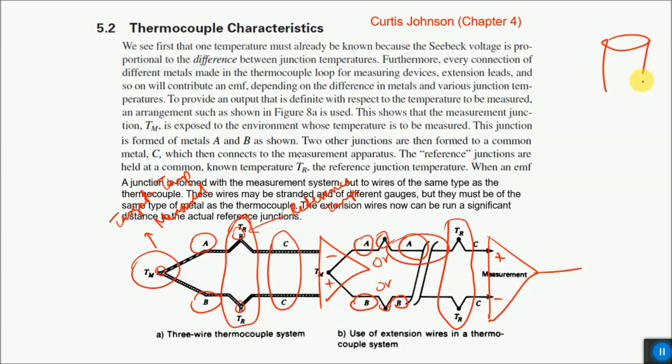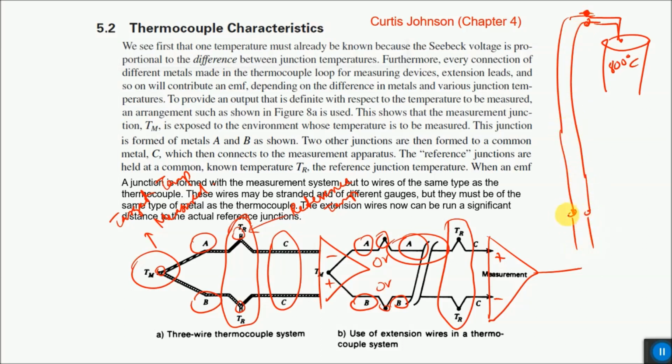For example, this is a boiler, and here is your thermocouple used to measure this temperature. This is at 800 degrees Celsius, and we have our extension leads coming from this point to our base station, where we have our TR maybe at a distance of 30 meters from the actual boiler. Here it is very easy to maintain the reference temperature, and then here we have our signal conditioning circuit.